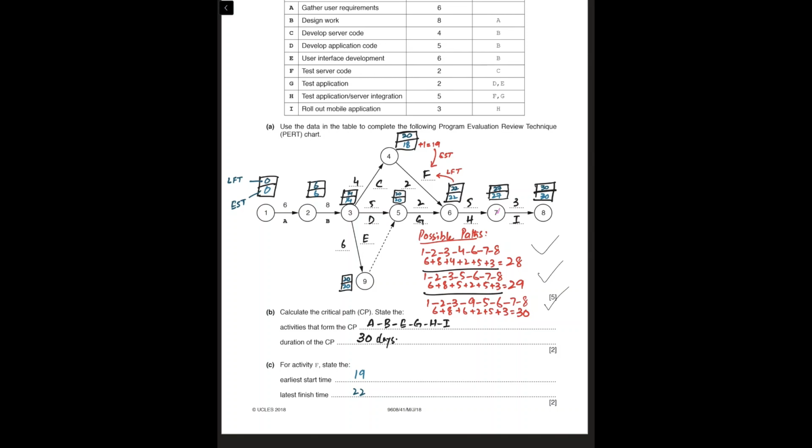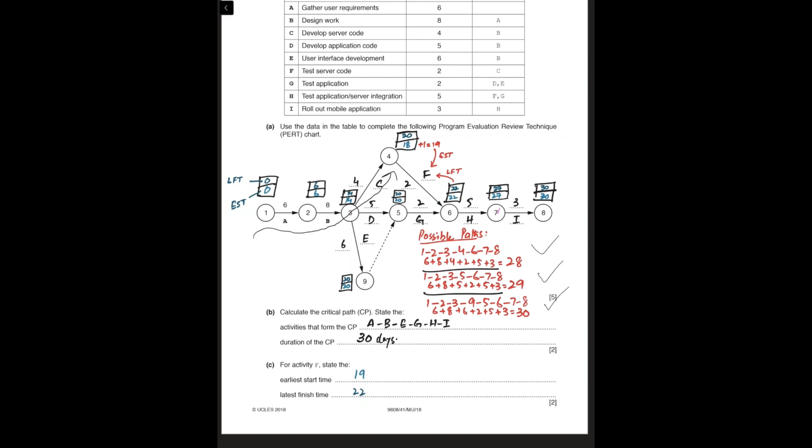Activity F is not on the critical path, so there is a possibility that it might float. So what is the earliest time? If you look at activity A there are 6 days, then activity B there are 8 days, and then at activity C there are 4 days.